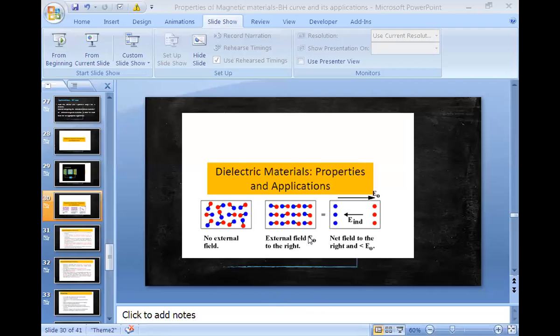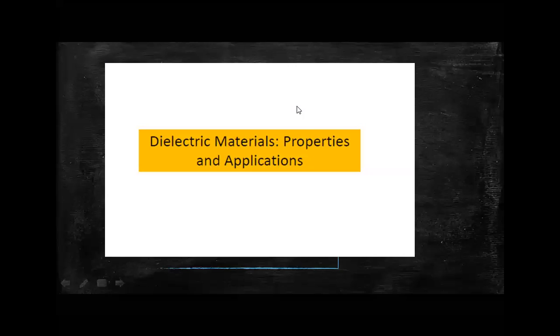Once again, good morning to all my dear students. Today I am going to focus on dielectric properties of material. So what are the dielectric properties?